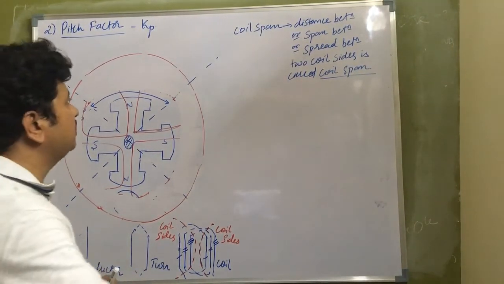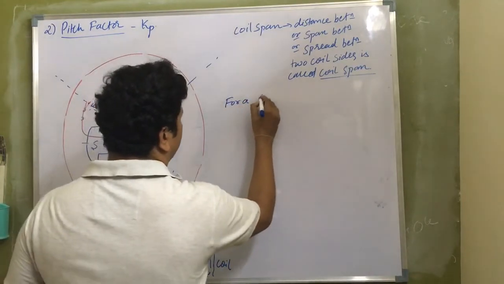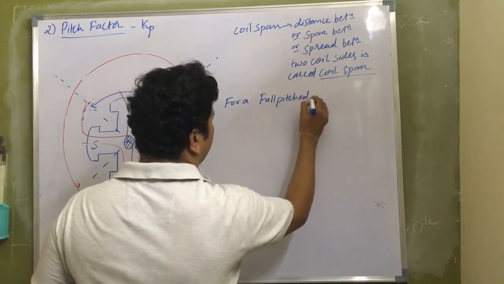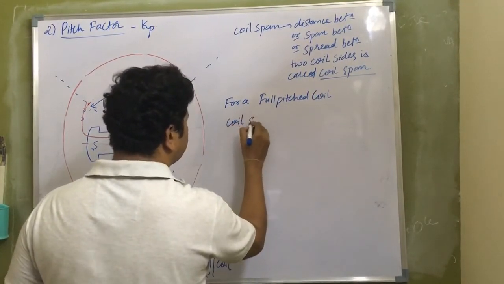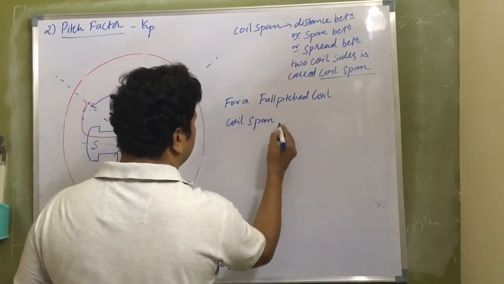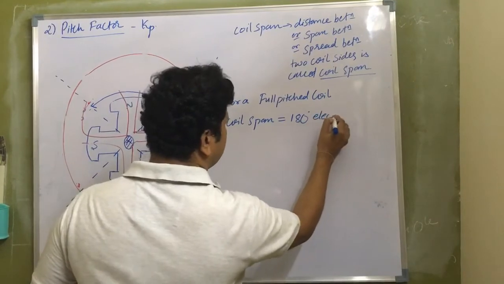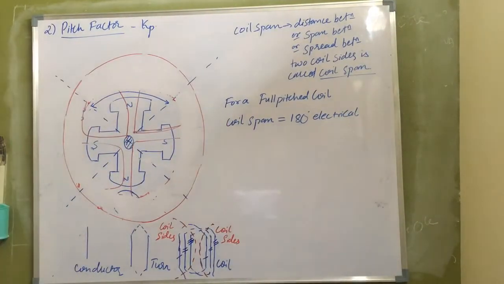For a full pitched coil, coil span is always equal to 180 degrees electrical.